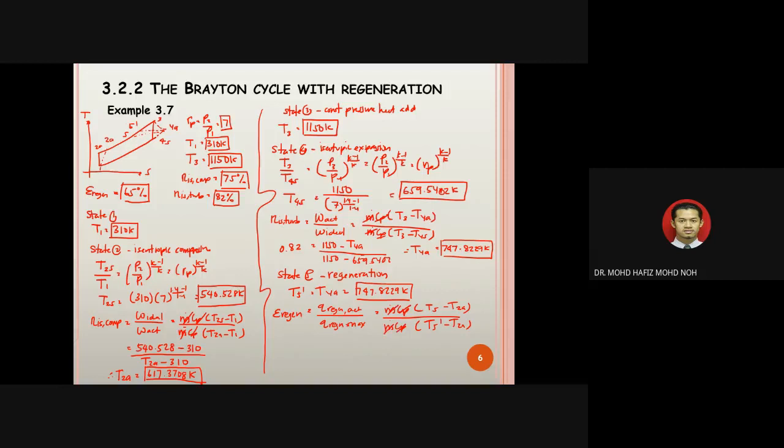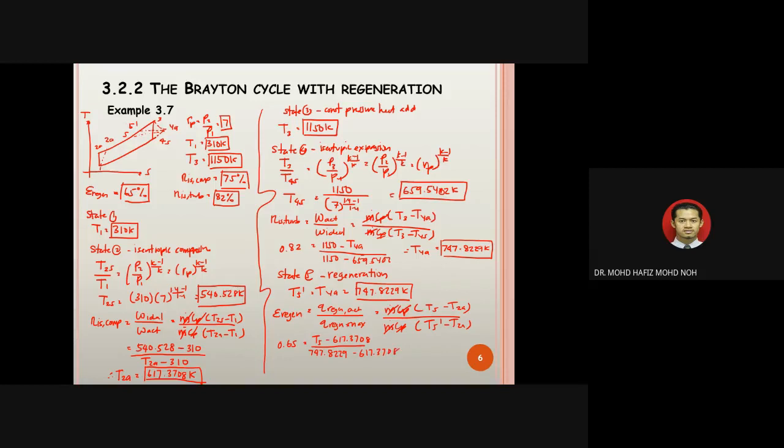Here is 0.65 equal to (T5 minus T2 actual) divided by (T5 prime minus T2 actual). T2 actual is equal to 617.3708, and T5 prime is equal to 747.8229.